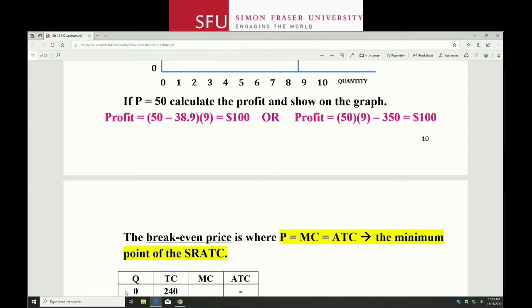Now, when we say that the firm is breaking even, we have to be a little bit careful. Breaking even means that the profit is 0, right? But in Chapter 9, you learned about 2 types of profit. What were the 2 types of profit from Chapter 9? Accounting profit, economic profit. That's right.